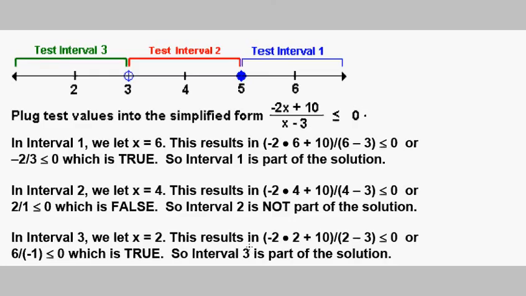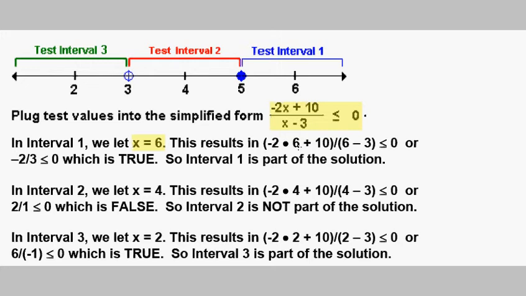Now we can proceed to the next step, which is to test values from each of these three intervals. Now we choose our test values. First, we test values in interval 1. We pick a test value that has to be bigger than x = 5. x = 6 is a nice simple value, so we'll use that. We plug it into our inequality, and we can use the simplified form because that's a whole lot easier. We get (-2 times 6 + 10)/(6 - 3).